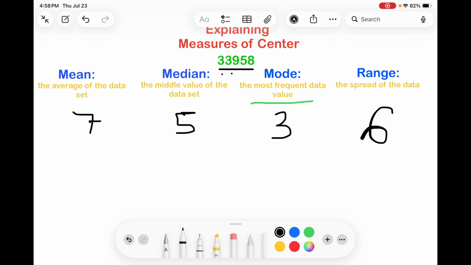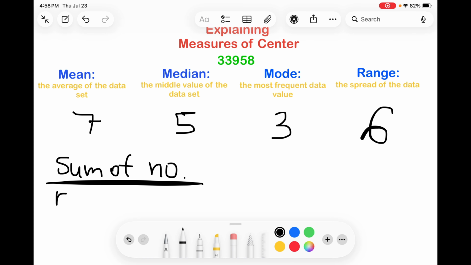Now, let's go over the formulas for this stuff. The formula for mean is the sum of numbers divided by the number of numbers. There's no real formula for median, but the way you do it is you go least to greatest and find the middle value. For mode, it's the most frequent data value, so the one that occurs the most, pretty easy.